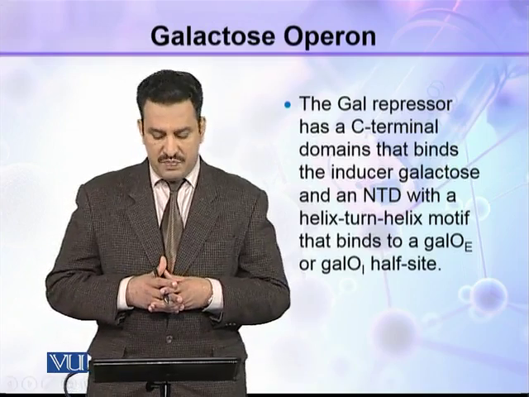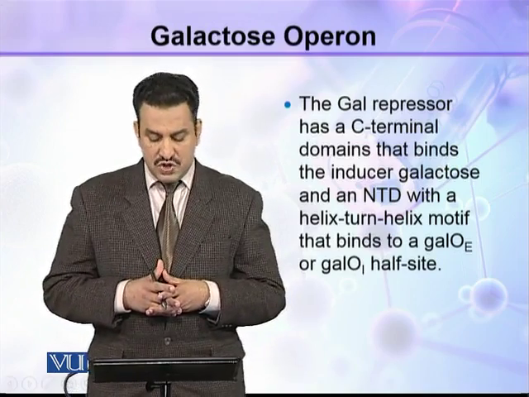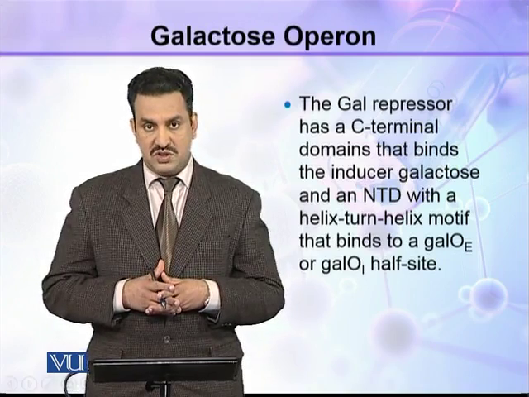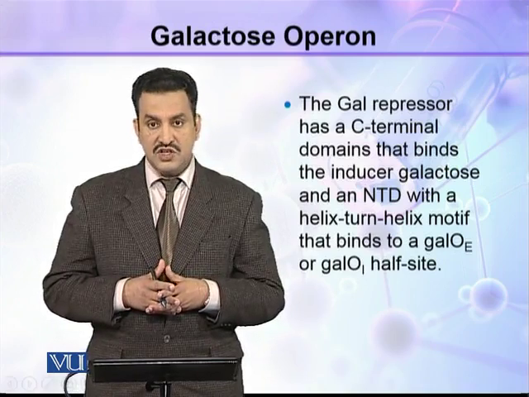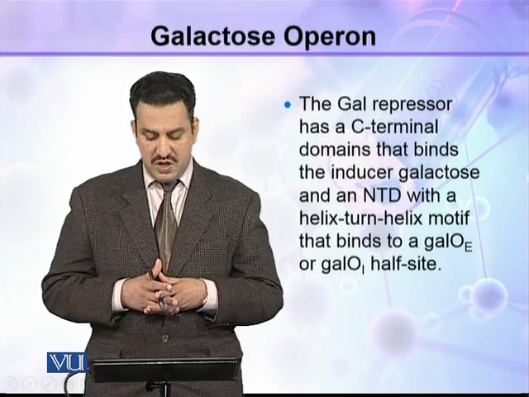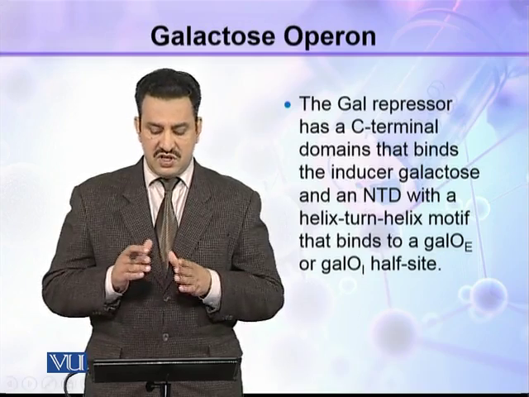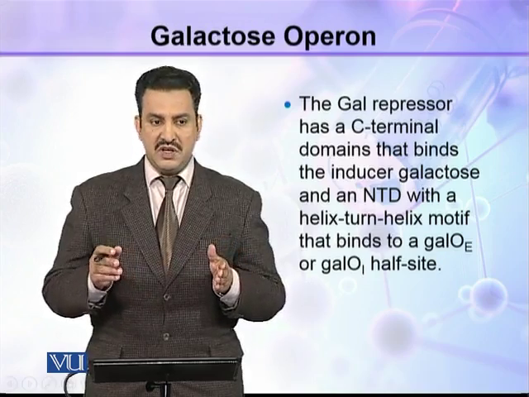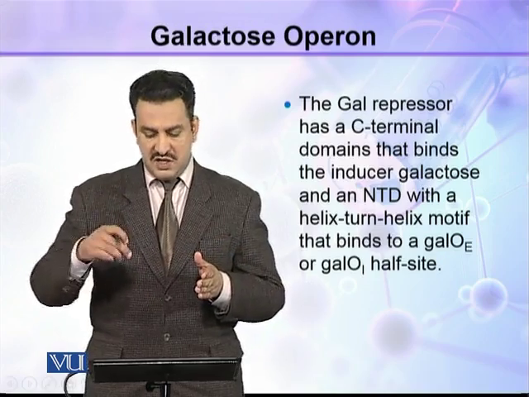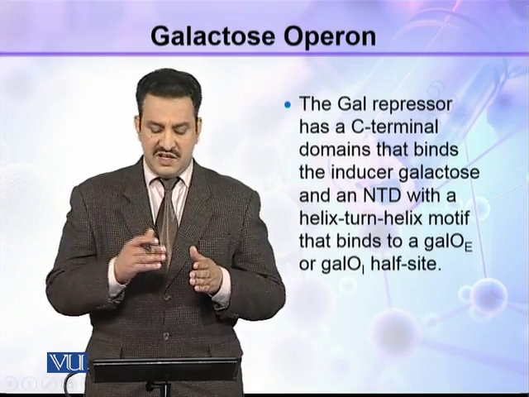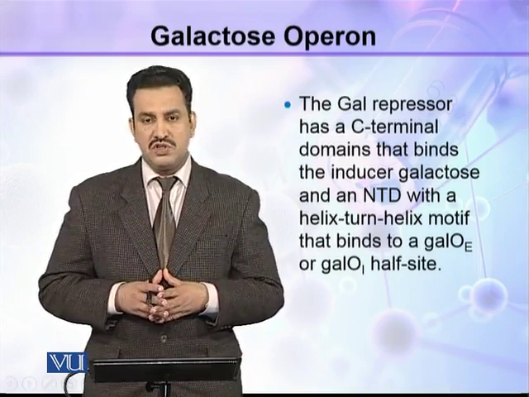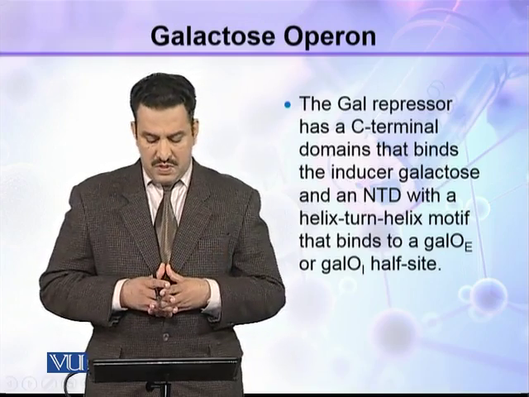The GAL repressor has a C-terminal domain that binds the inducer galactose and an N-terminal domain with a helix-turn-helix motif. Helix-turn-helix motif means alpha helix, then beta turn, and then alpha helix. These terms are used in protein structures.